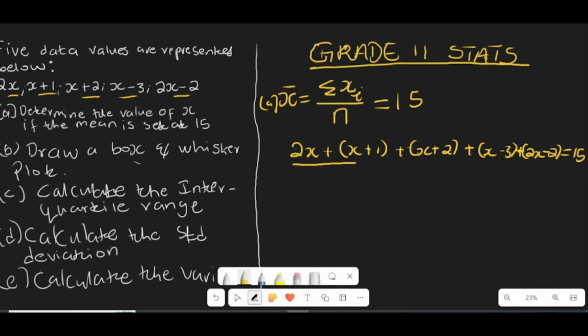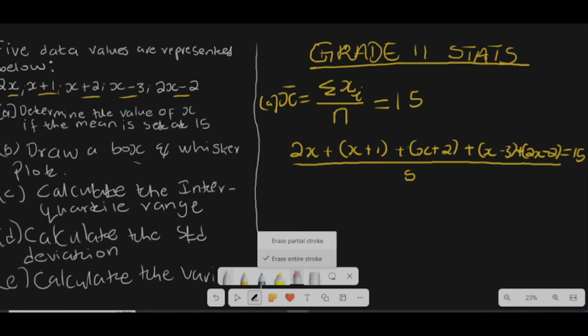Everything here will be divided by the number of data, which is 5. Sorry, the number of data is 5, not 15.